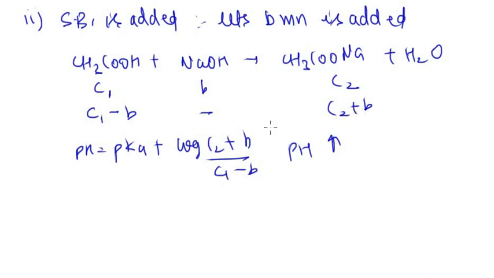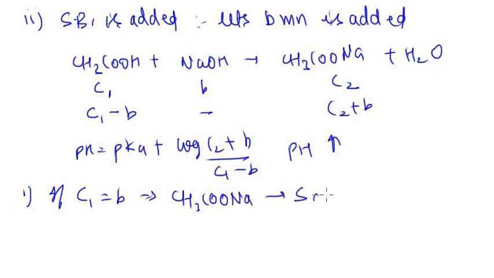So that will happen when? First of all, if C1 equals B, then it will form CH3COO minus and it will be the case of salt hydrolysis. Not all cases of B are the same. It depends how much amount of base we have added.